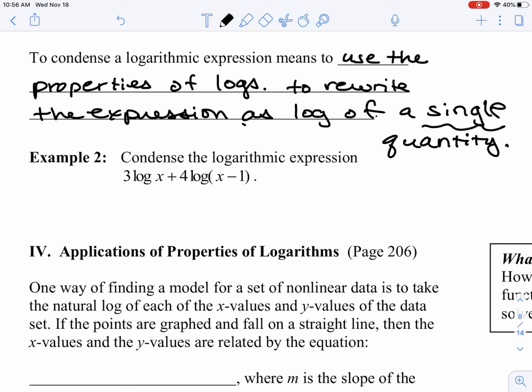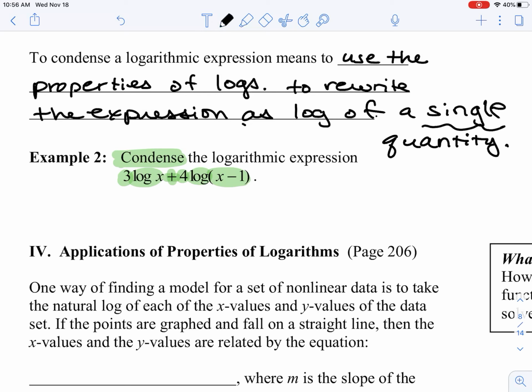Okay, so condensing means it's going to get a little bit more complicated, but it'll be a single quantity. So if I look at condensing this expression here, we've got 3 times the log of x plus 4 times the log of x minus 1.